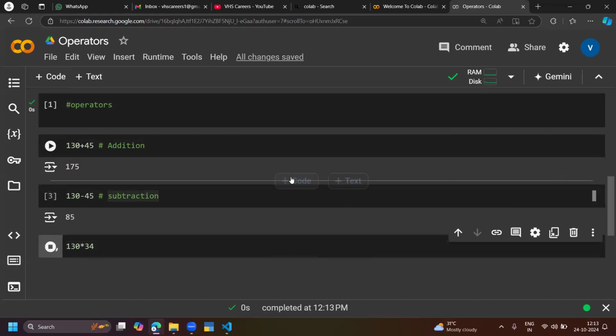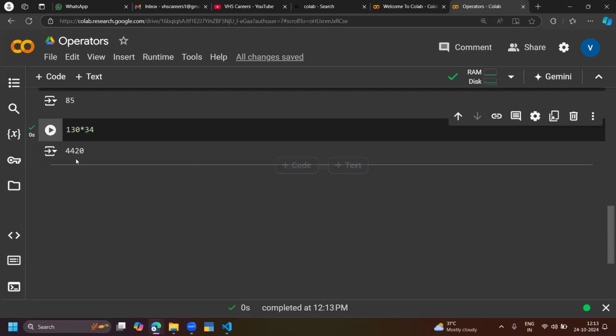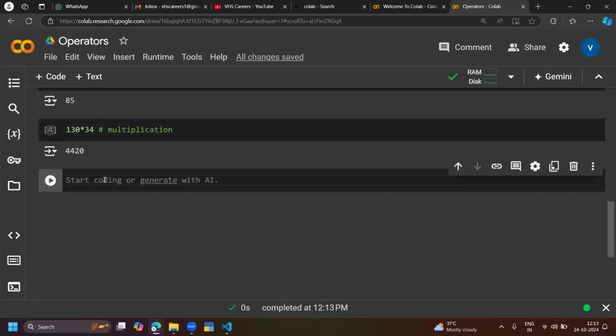That is 4420. This is multiplication. Then finally, I want to go with 120 by 6. I am just giving the division. What is happening with the division? Division is giving the output as 20.0.